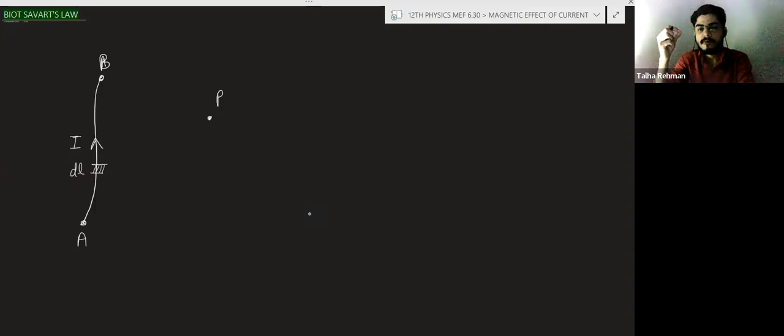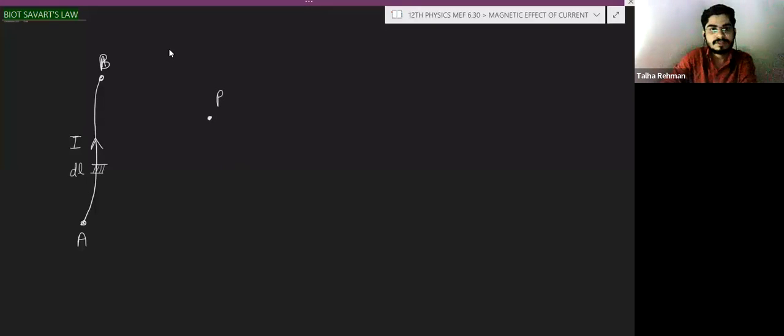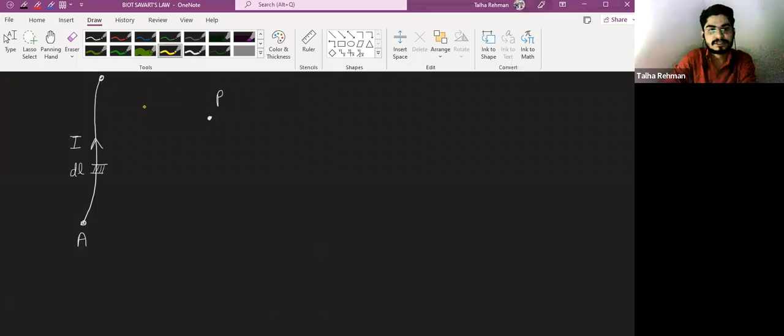In this small length also the current will flow, because current is flowing in the whole wire, and due to the current in this small length there will be a magnetic field at this point. This dl is known as the current element, I dl.